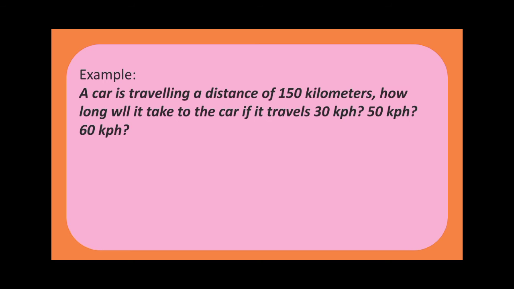So since ang pinag-uusapan dito is about the distance, so we will use the formula d is equal to rt. So to get t, we will just divide d by r, then rt by r. So, t now is equal to d over r.